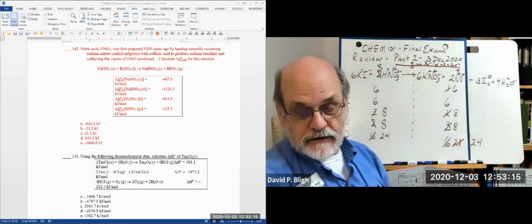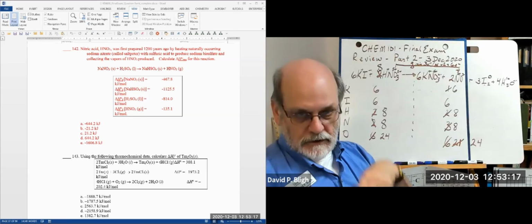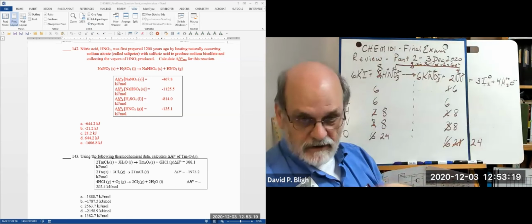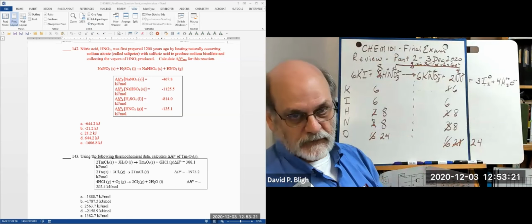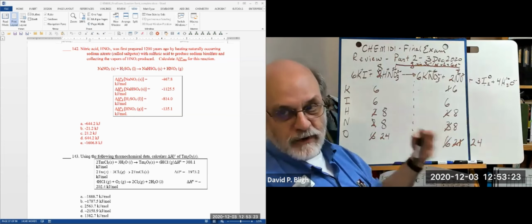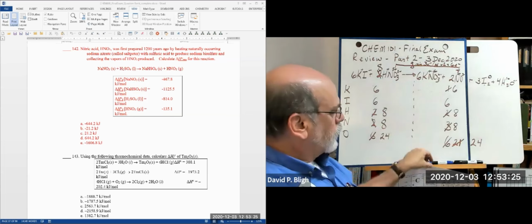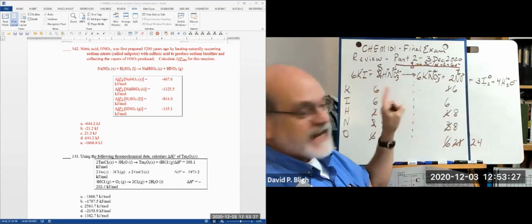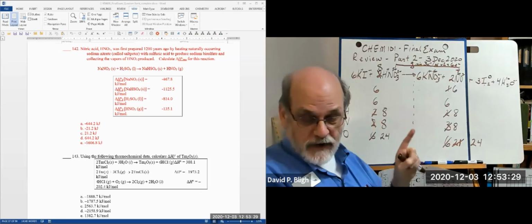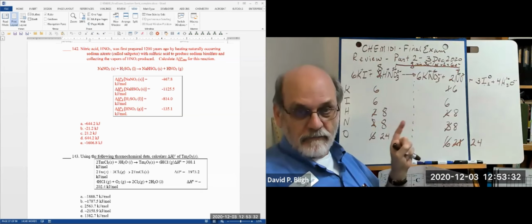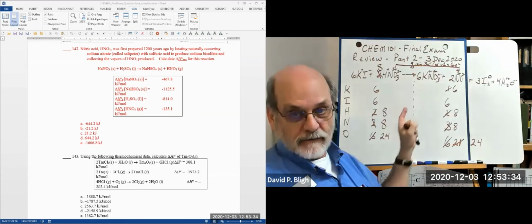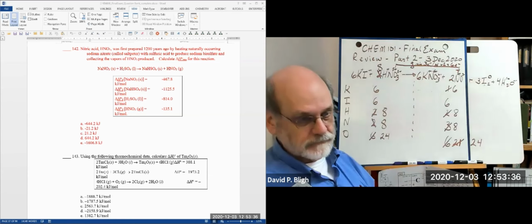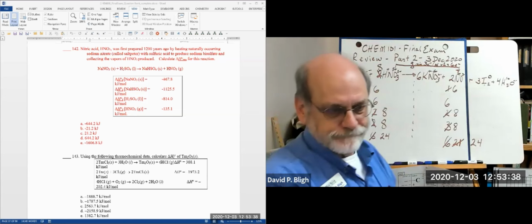So now you're balanced. You balanced both numbers of atoms and numbers of electrons. And this is sort of a hybrid approach. Whenever you see the potential for a redox reaction, it might be well to look at balancing the electrons first. Okay?